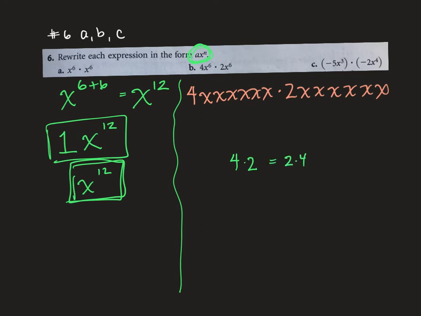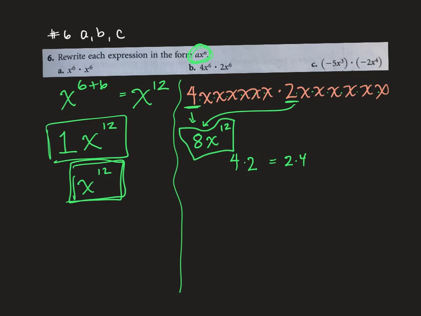Doesn't matter what order the things come in. Everything here is getting multiplied. I was too lazy to write all of the multiplication symbols in here, but you could add them if you wanted. And so what we can do is multiply 4 and 2 to get 8. And then we have 6 factors and 6 factors. That gets us x to the 12 for 12 factors of x. And there's our answer.